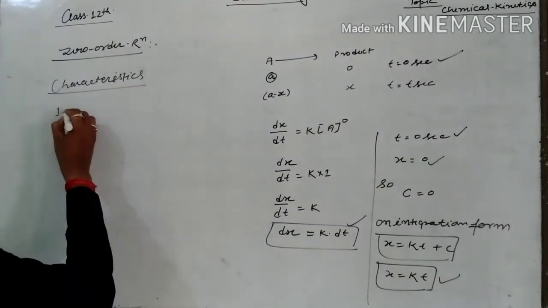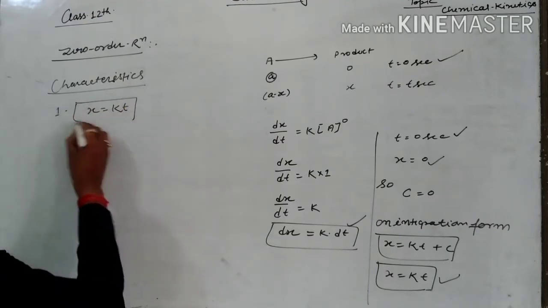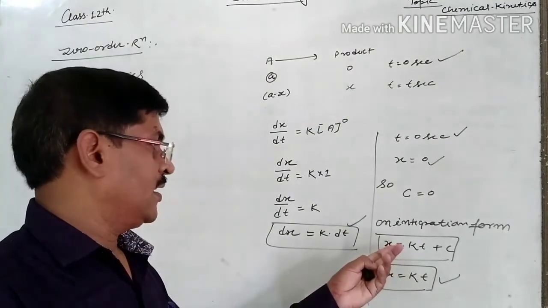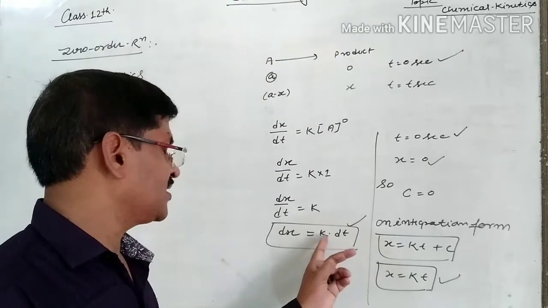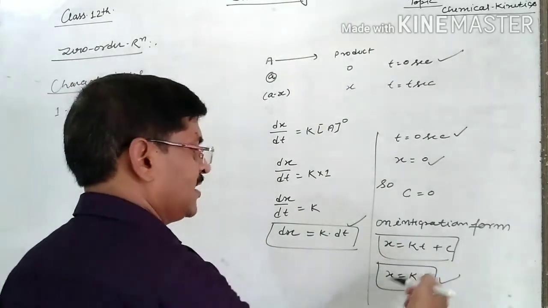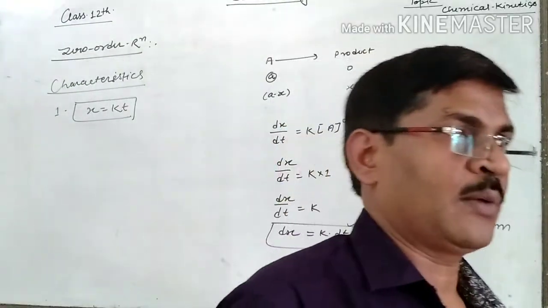So the first point is x is equal to kt, or you can write the equation obtained after the integration of dx is equal to k dt, x is equal to kt plus c. Because c becomes 0 here, x is equal to kt. So all zero order reactions follow this formula.